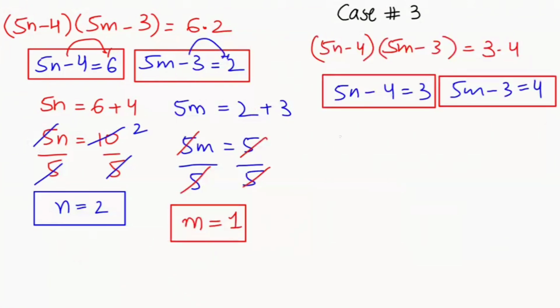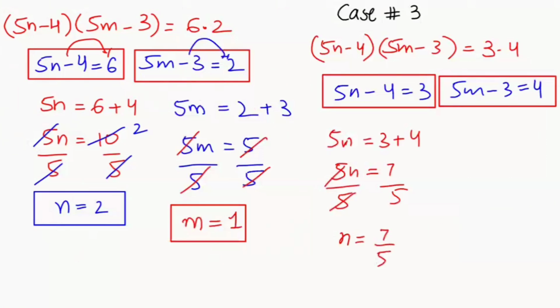This I will solve for n again. 3 plus 4, 5n is equal to 7. And now this 5 is dividing both sides. So here we get n is equal to 7 over 5. Here we get a non-integer n value, so this case is going to be rejected.